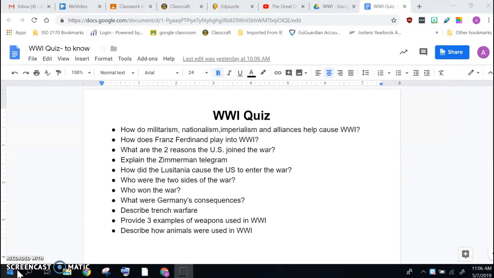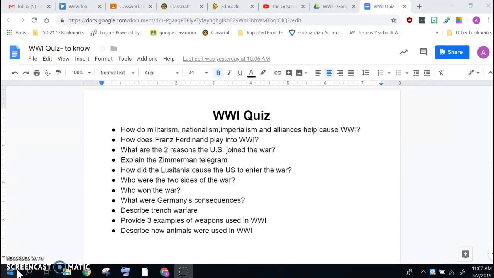Trench warfare. Hopefully you are able to describe what trench warfare is, but you know that it was long, deep trenches that were built by the soldiers to engage in battles. Typically the trenches were about the average height of a male, so an average male could stand up and have their head mostly covered. It was considered to be very filthy and dirty, deadly, dangerous.